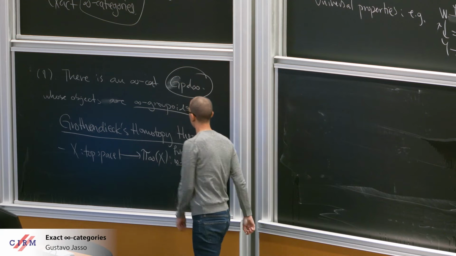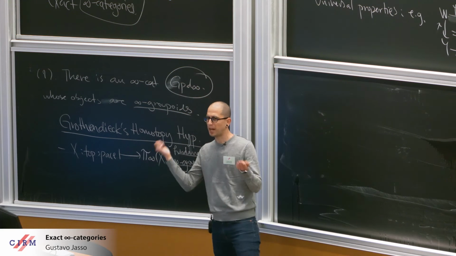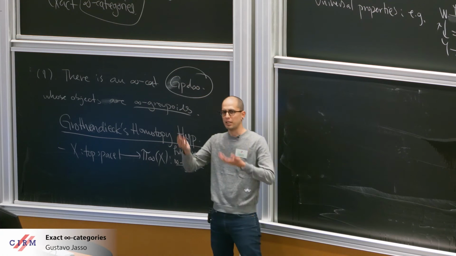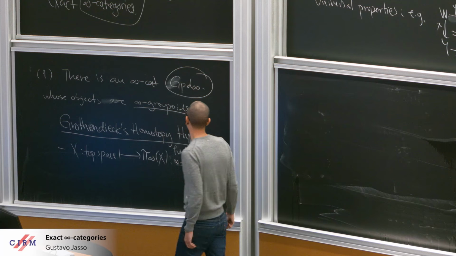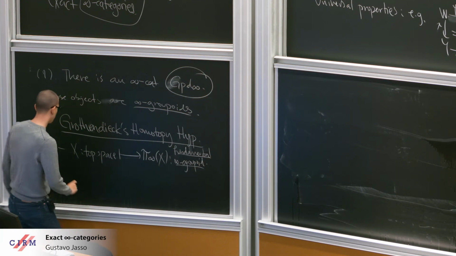Its objects are just the points in X. The one-dimensional morphisms are the paths in X. The two-dimensional morphisms are homotopies between paths in X. And then three-dimensional morphisms are homotopies between homotopies, and you go up and up and up. So in some sense, given topological spaces, we can construct infinity groupoids.